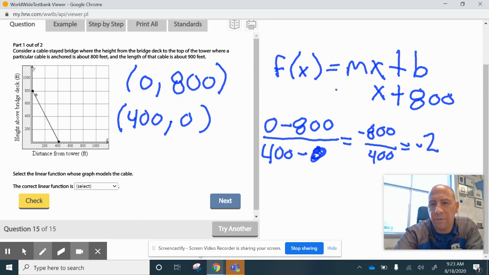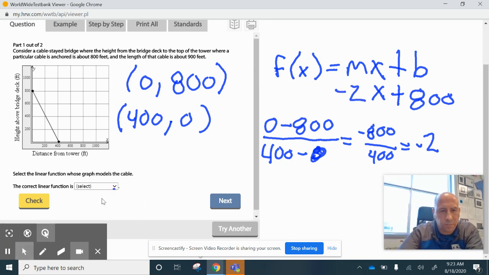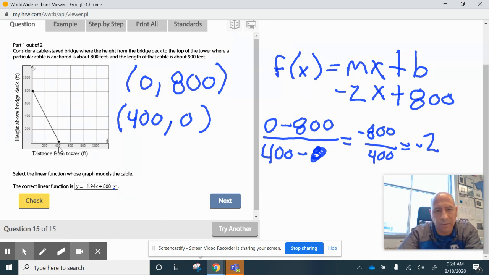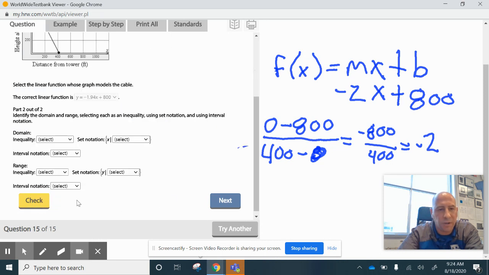So the slope is negative 2x. I don't know where they get the 1.94, but that's close to the negative 2, so we'll be okay with that. And so I'm stating the answer is y. Oh, what they're saying is those aren't exactly 0, 800, and that's not exactly 0, 400. But why would you do that? I don't know. Check.